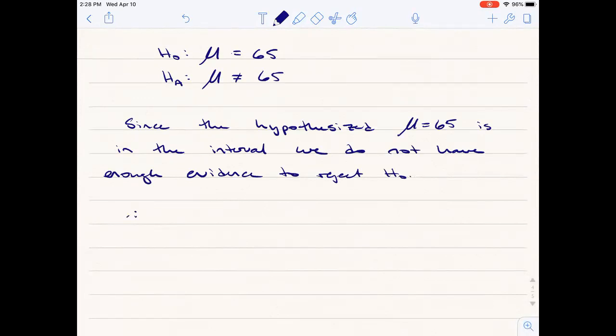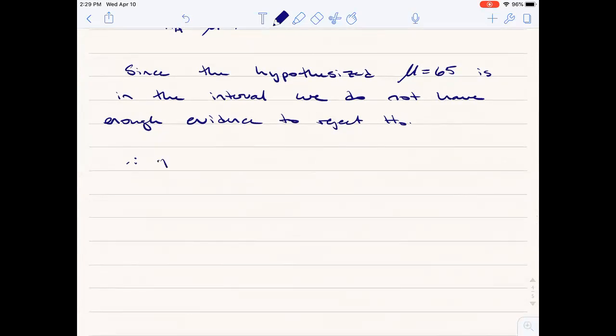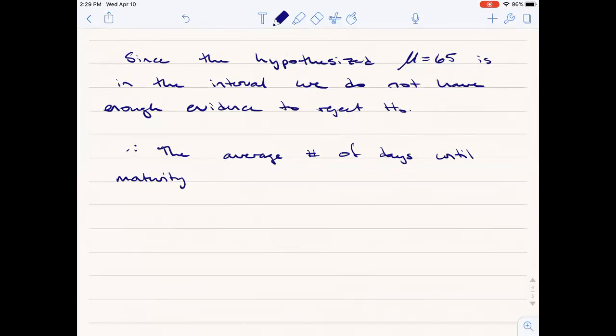Therefore, and I'm just rewording the question as an answer, therefore the average number of days until maturity is not different from 65. Not significantly different, I guess. Any questions about that one?